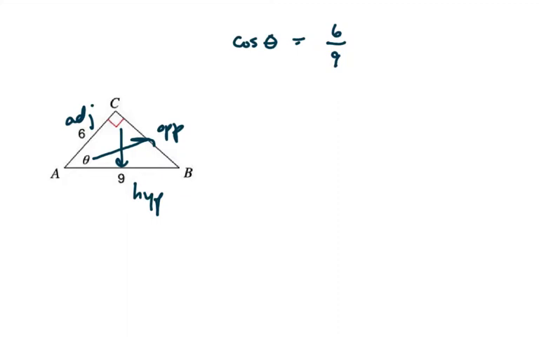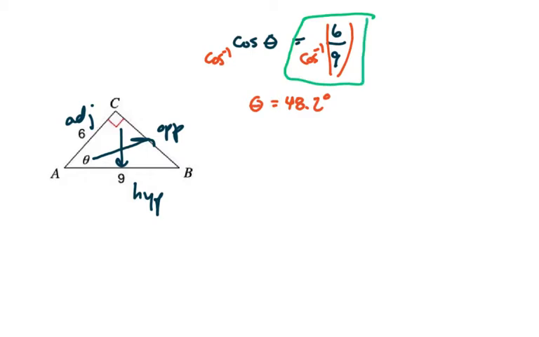Clear everything out of my calculator. 6 divided by 9 equals, and then cos negative 1, which I need to write down. I get 48.2 degrees. Again, I can't emphasize enough, if you're having trouble following along, use the Desmos calculator instead and type it in exactly like this. This is located on the functions menu in that calculator.